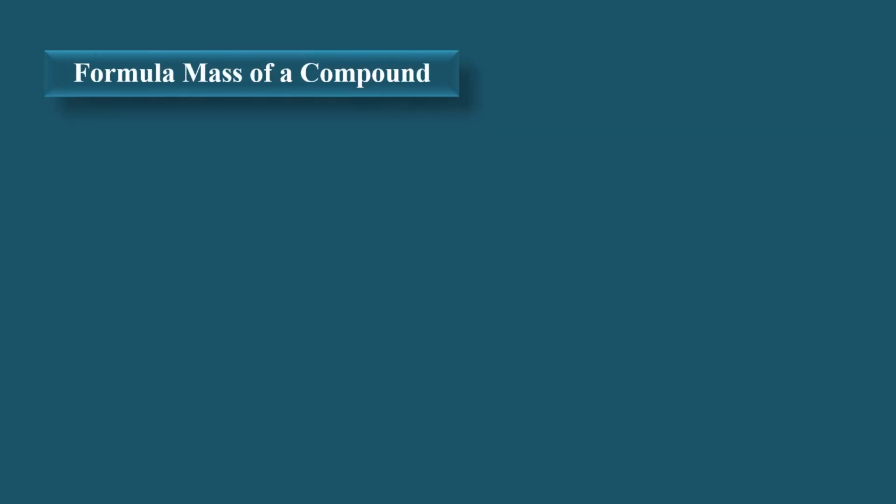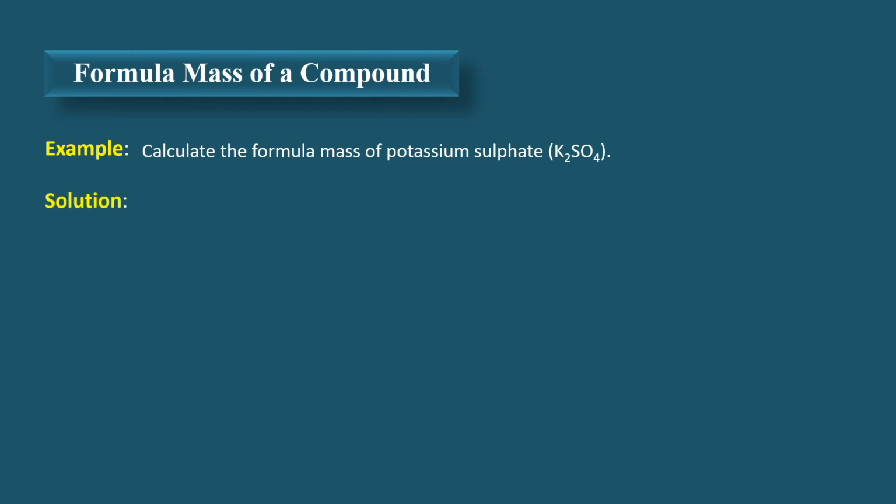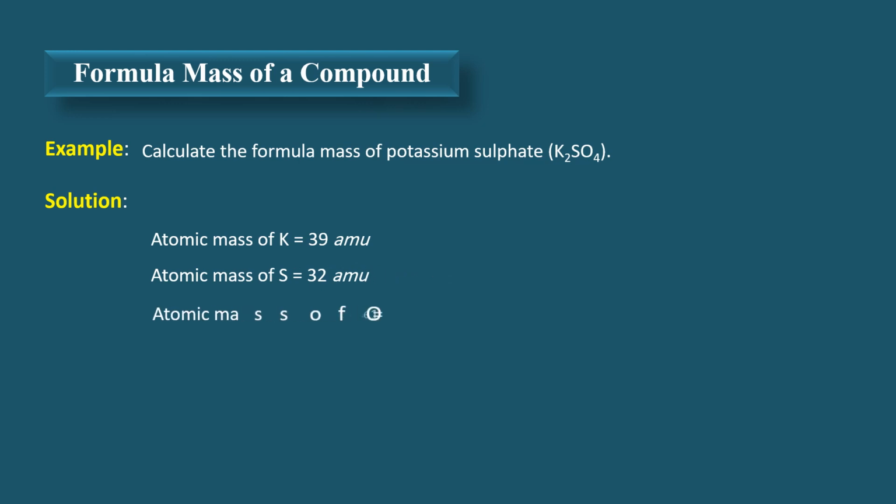To find the formula mass of a compound, consider the following example. Calculate the formula mass of potassium sulfate, K2SO4. To solve this problem, we first write the atomic masses of all the elements. Atomic mass of potassium is 39, atomic mass of sulfur is 32, and atomic mass of oxygen is 16. All in AMU, of course.